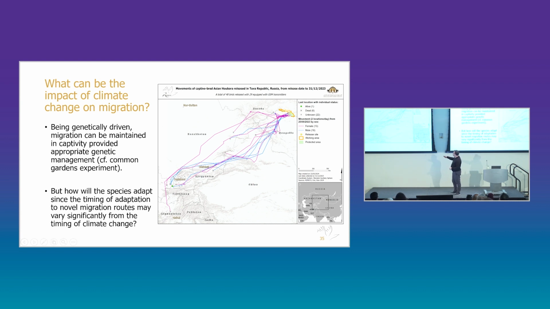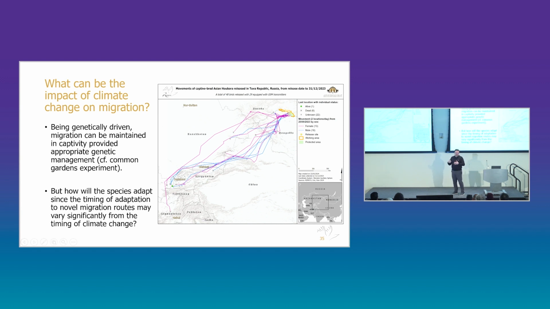So we took birds whose genetics originated from eastern Kazakhstan, and they were bred in captivity. And we released them in another area on the border between Russia and Mongolia, which is about 1.5, 2,000 kilometers further east.